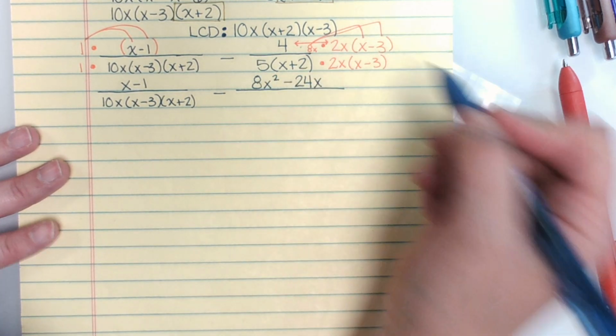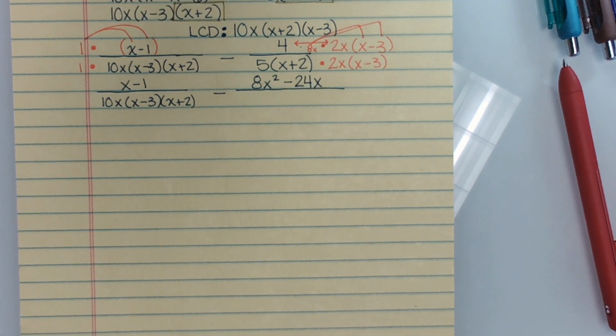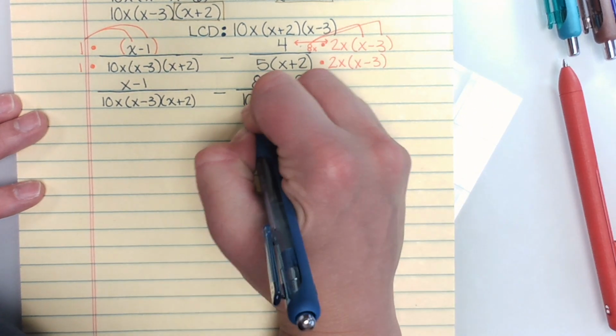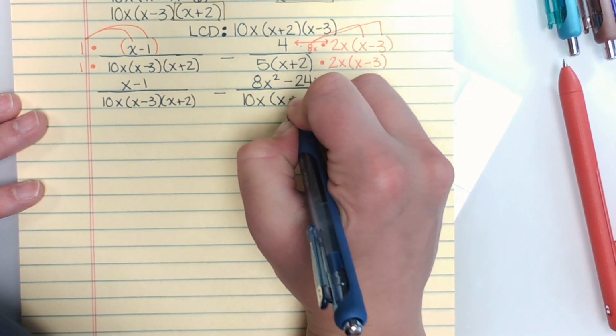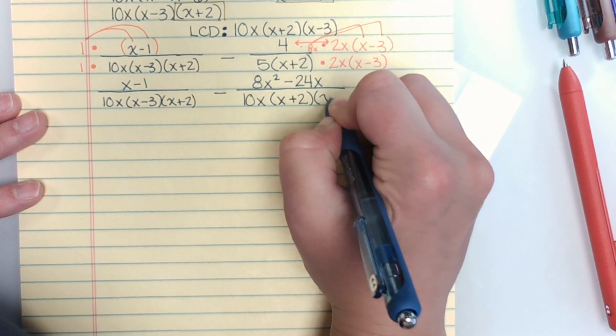The denominator, you're going to leave in its factored form, but its factored form does include the monomials multiplied together. The 5 times the 2x I am going to turn into 10x. But the rest of it, I'm just going to leave with the x plus 2 and the x minus 3.